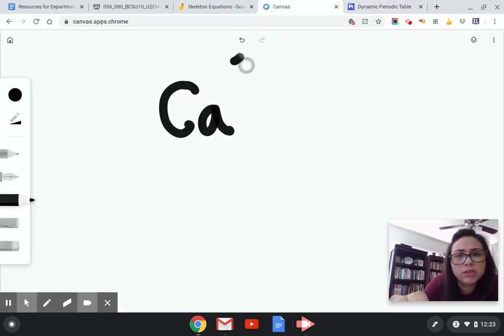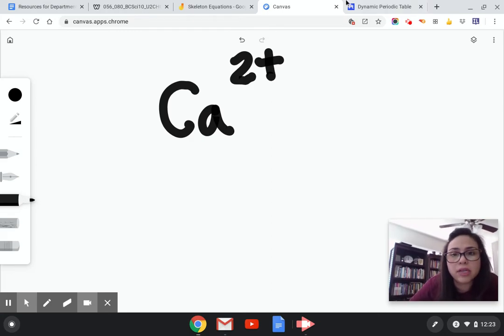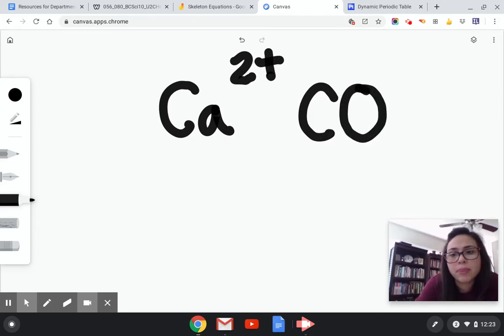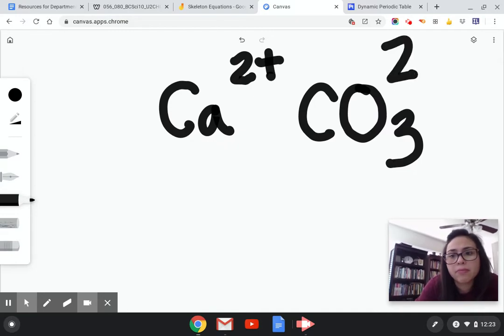So what we're trying to do here is put that formula together for the calcium carbonate. Now, carbonate, if you look on the polyatomic ion list, you'll notice that carbonate looks like CO3 with a 2 negative charge.